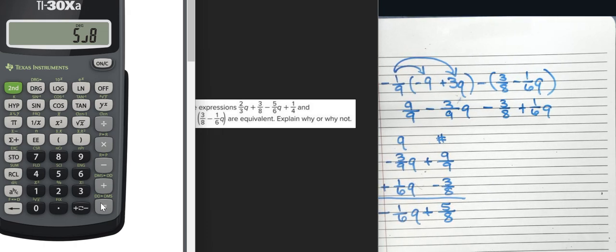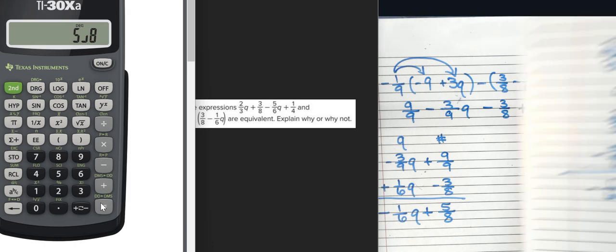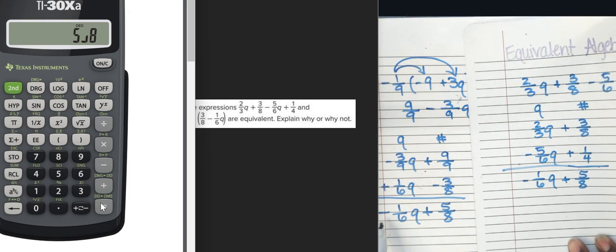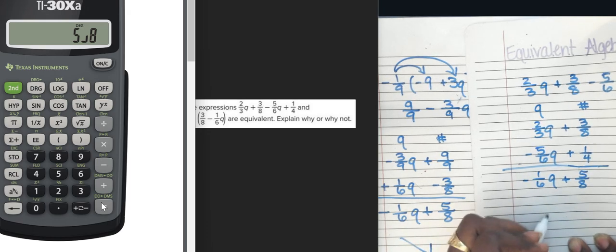All right, so let's just make sure that we have it all in order. Now what we're doing is looking at our two expressions. We have -1/6 q, -1/6 q. We have +5/8, and here we have +5/8. So yes, they are equivalent to each other.